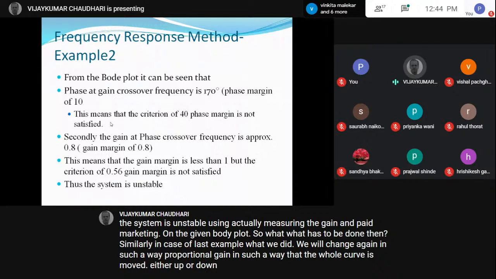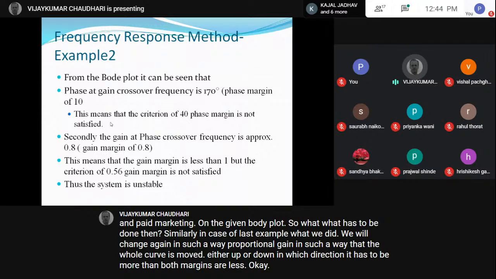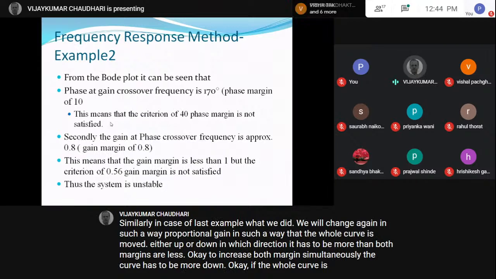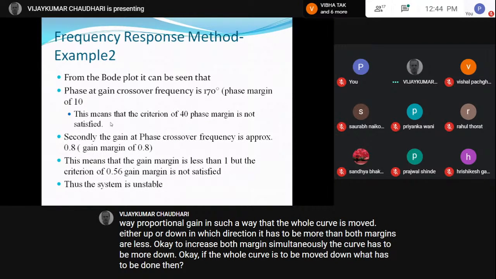In which direction does it have to be moved? Both margins are less. So to increase both margins simultaneously, the curve has to be moved down. If the whole curve is to be moved down, what has to be done then? Proportional gain has to be reduced.